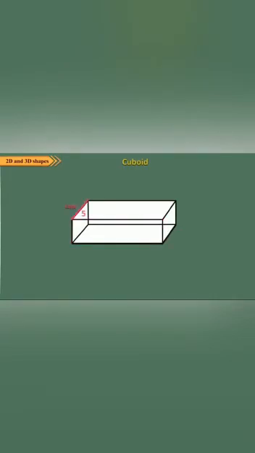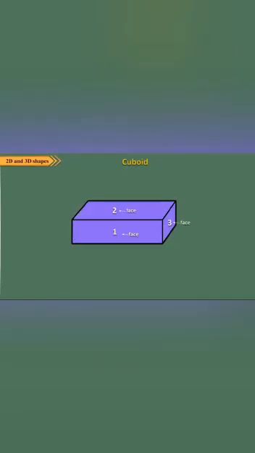The point where three edges meet is called a vertex. A cuboid has 8 vertices. A cuboid has 6 faces. In the given figure, 3 faces are visible and 3 are hidden.